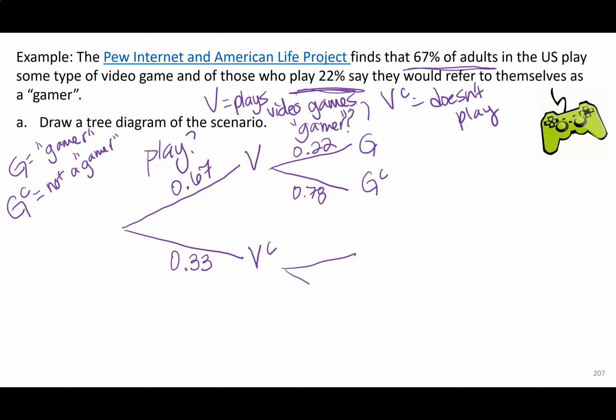And then here, if they don't play video games, in a theoretical ideal world, hopefully none of them call themselves a gamer if they don't play games. I know that's not reality for everybody. And then 100% would not call themselves a gamer if they don't play games. So this would be my tree diagram that I can use.